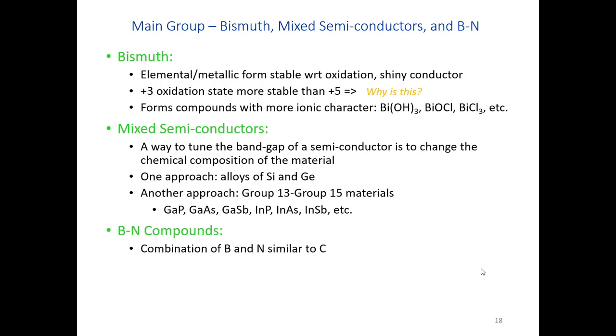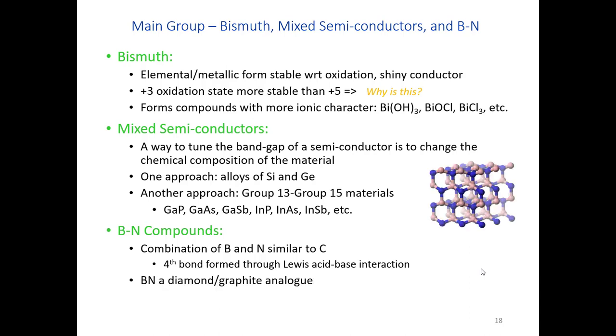If you mix the first row elements of groups 13 and 15, boron and nitrogen, then you get analogous materials with similar properties to carbon. Each atom forms 4 bonds, where the 4th bond is formed through a Lewis acid-base interaction. The result of this is that you can form diamond and graphite-like analogs with boron nitride.